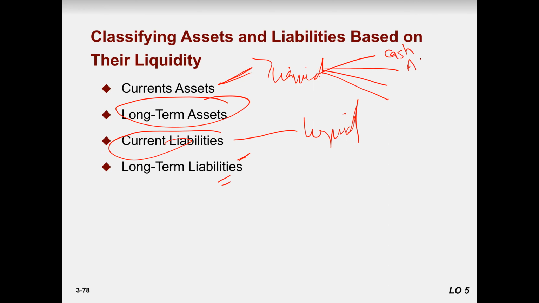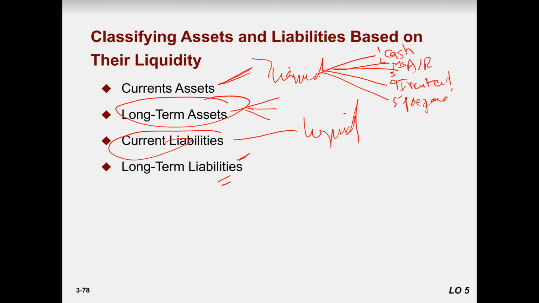Cash, and then account receivable, and then inventory, and then prepaid. If we have marketable securities, then cash, marketable securities, and then account receivable, and then inventory, and then prepaid expenses. And then you write down fixture, plant, machinery, whatsoever.